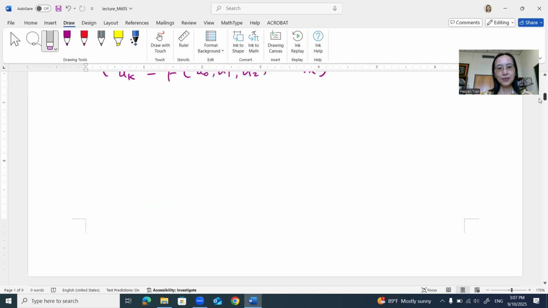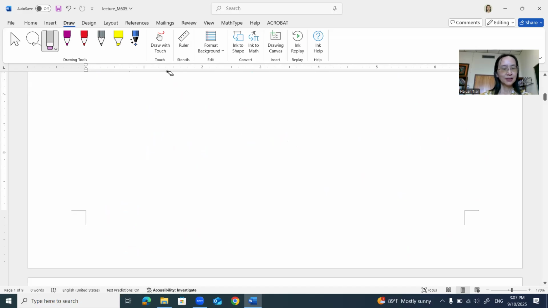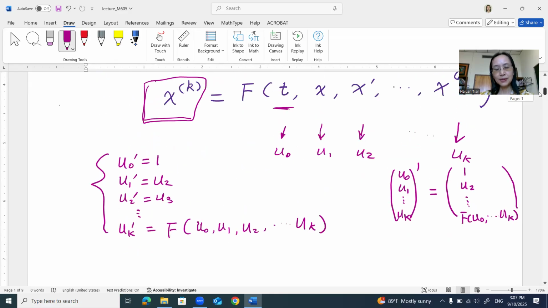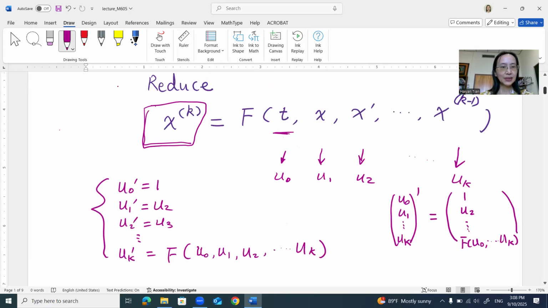Now, a question I want to give you to think about is, suppose I have a kth order equation that is not in a normal form. You see, the kth order equation that is in normal form is of this form, where the highest order derivative is isolated.